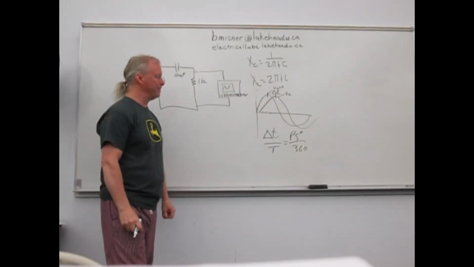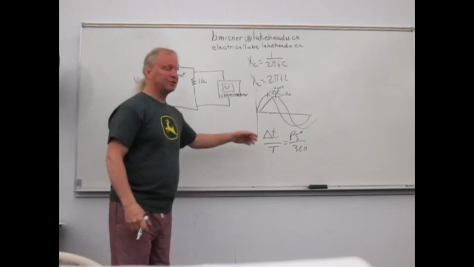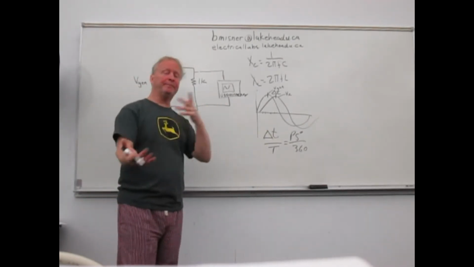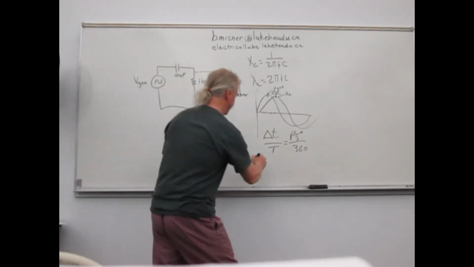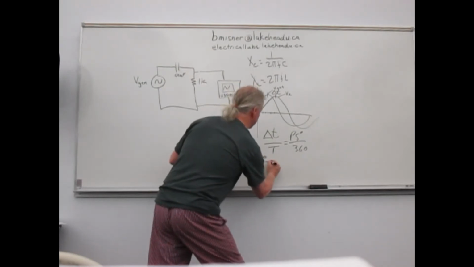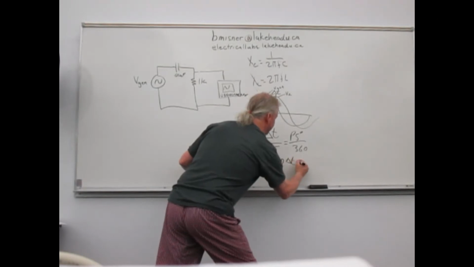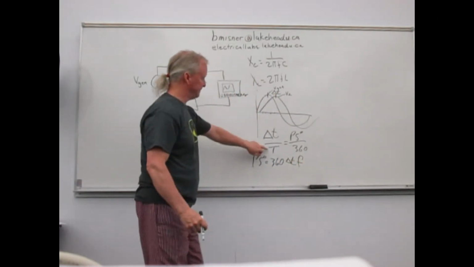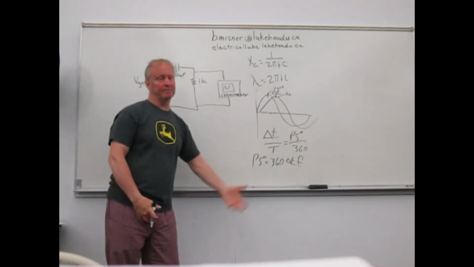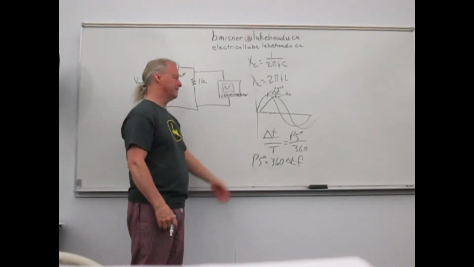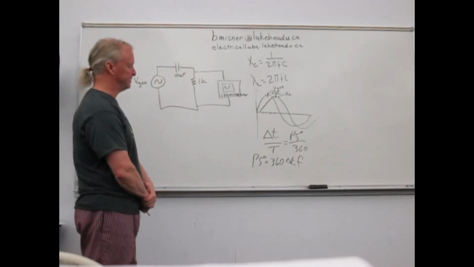Okay? And so in order to calculate this, I can manipulate this equation a little bit, and I can say the phase shift in degrees equals 360 times delta t times f, because if I flip t up here, it becomes f, right? So that's your period, and 1 over the period is the frequency.